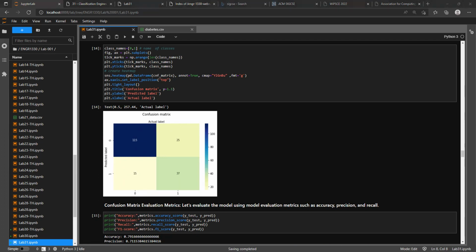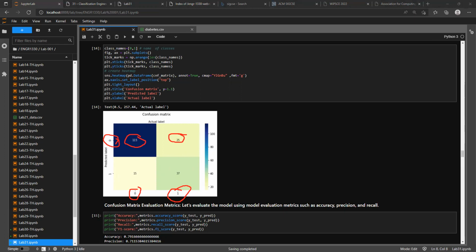All right. So we predicted a 0 on 115 patients that were actually negative. So we predicted negative for 115 correctly negative ones. We predicted 25 negatives for patients that were actually positive.